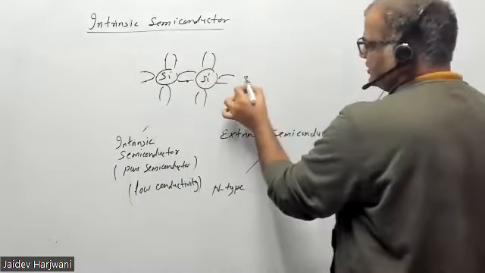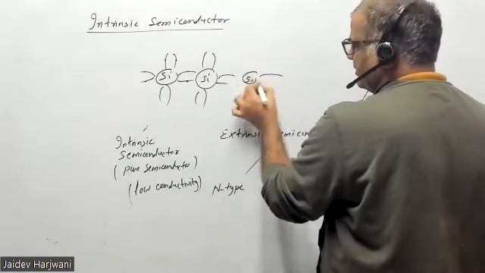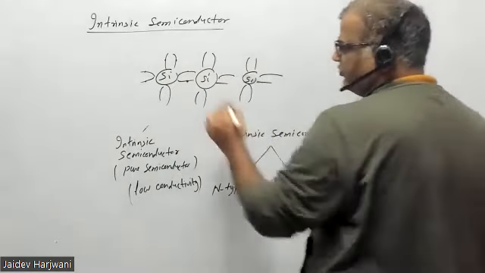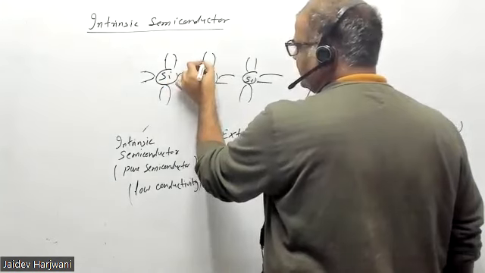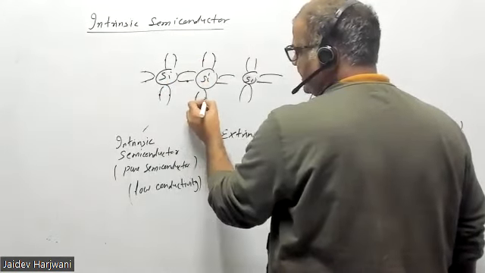This is the crystal structure of silicon. It has 4 electrons, and these 4 electrons it is sharing with neighboring silicon atoms.